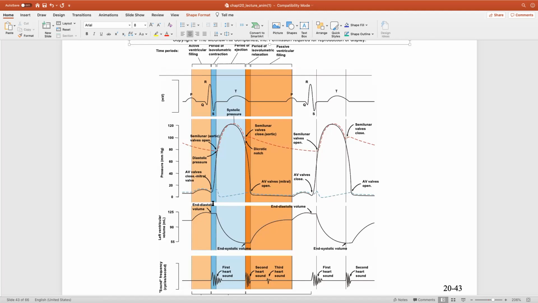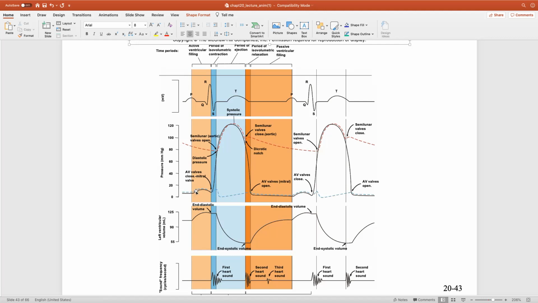And as it contracts from the apex upwards, well, if we don't close that AV valve between the left atrium and the left ventricle, if we don't close that mitral valve, blood is going to go from the left ventricle backwards into the left atrium. That's not good. So we need to close that valve. And one of the first things we do when we contract the left ventricle and even the right ventricle is we create pressure differences.